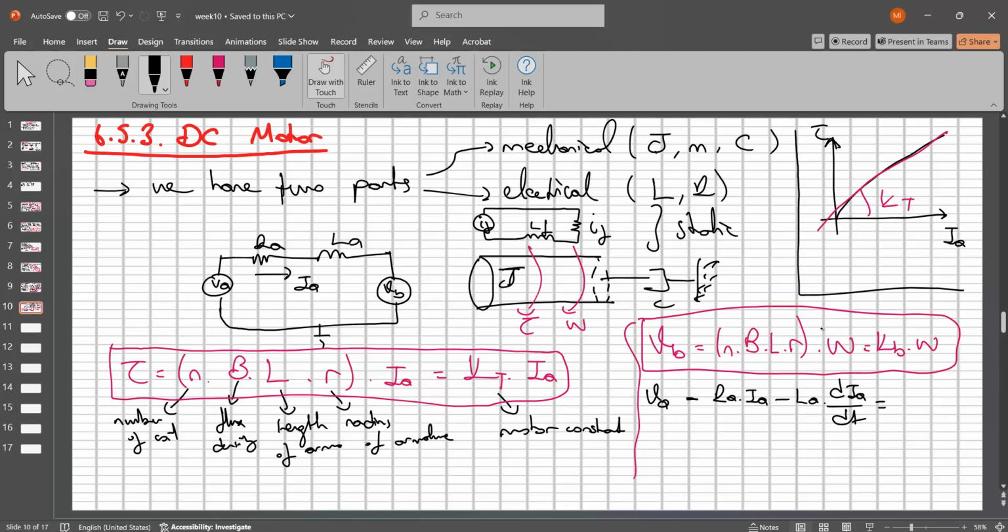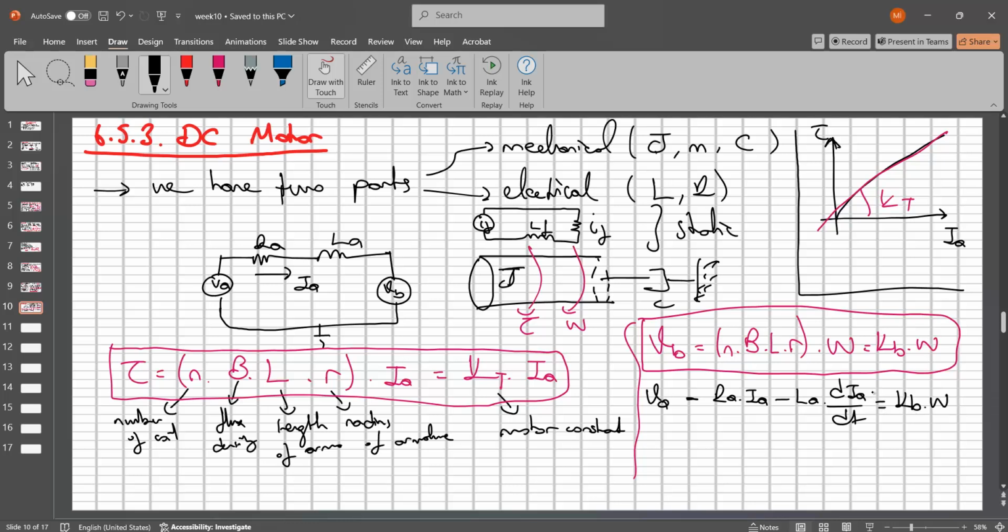Just see the circuit. Yes, but the VB is equal to KB times W.